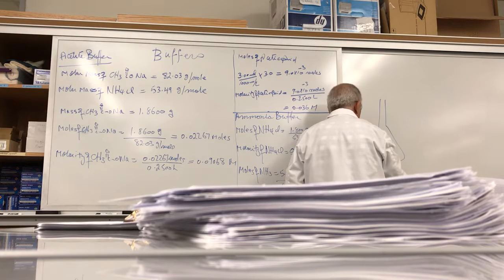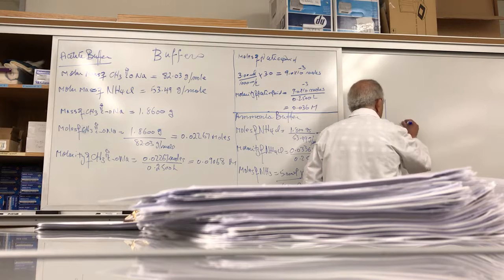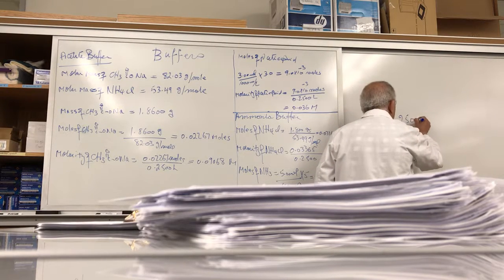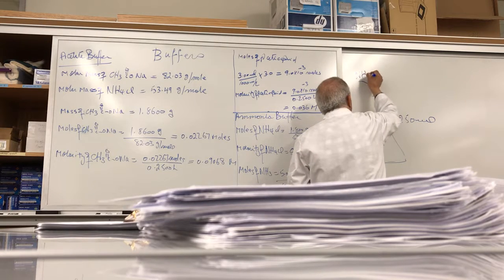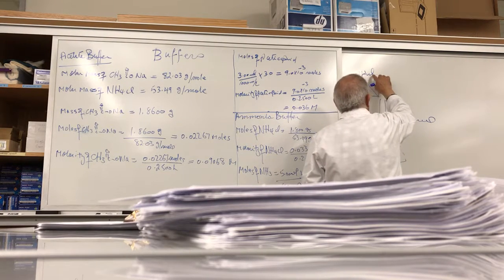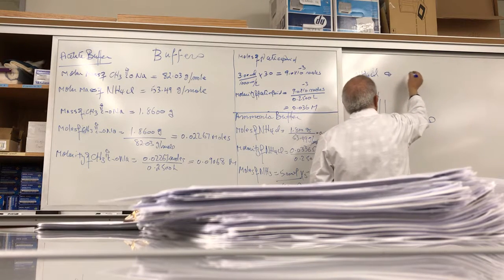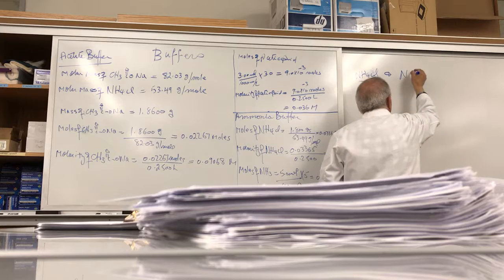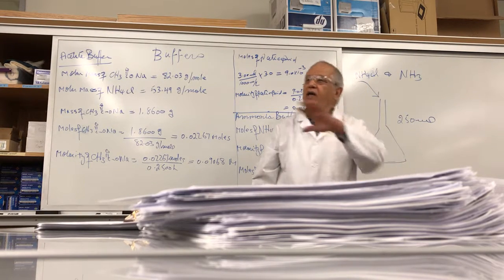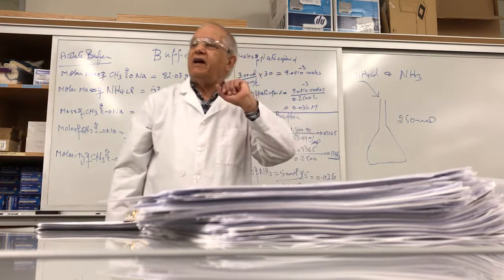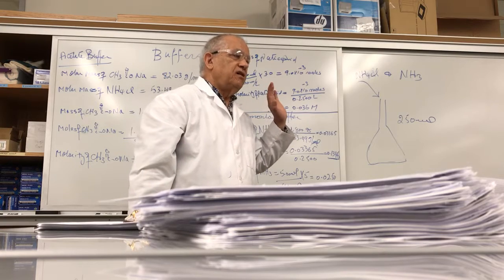If we were in the lab, we would have a volumetric flask of 250 milliliters, and we would add ammonium chloride, NH4Cl, and ammonia to it. So in all our calculations for the molarity, the volume is the same, 250. Okay?